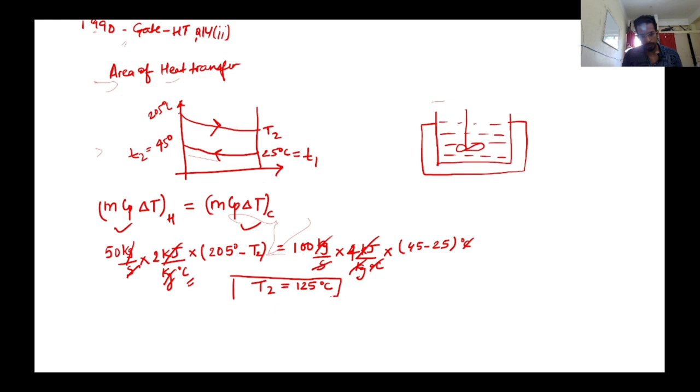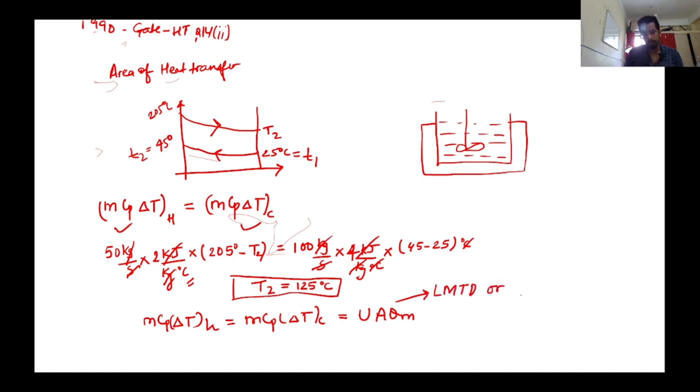Now calculating the area. We have mCp delta T of hot fluid, mCp delta T of cold fluid, equal to UA theta m. Theta m is the log mean temperature difference or arithmetic mean temperature difference.